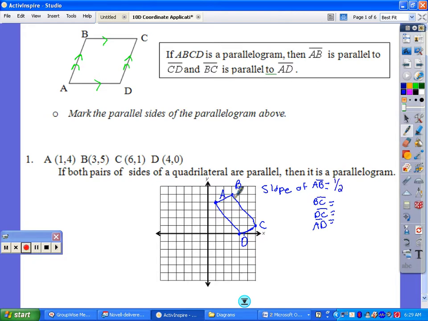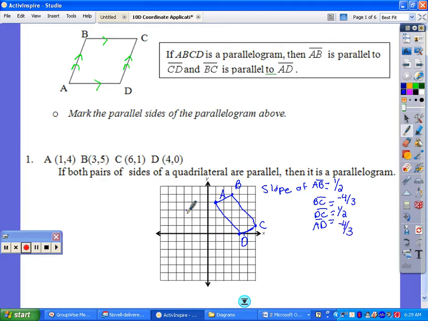The slope of BC, we go down 1, 2, 3, 4, and over 3, so the slope is -4/3. DC, from D to C, we go up 1 over 2, so it's 1/2. And then AD, we go down 1, 2, 3, 4 over 3, so the slope is -4/3.